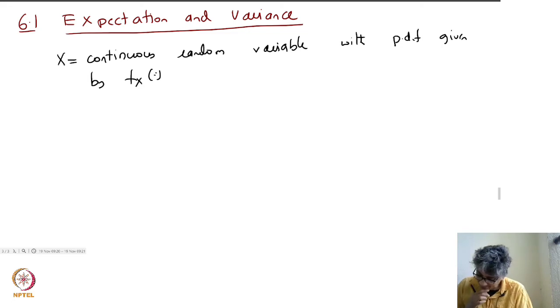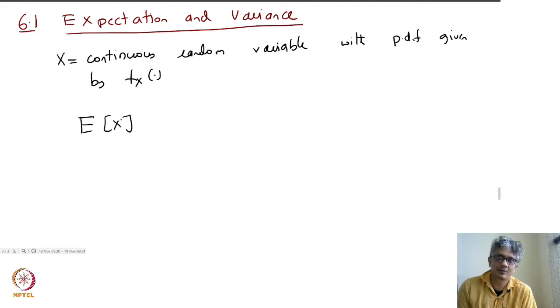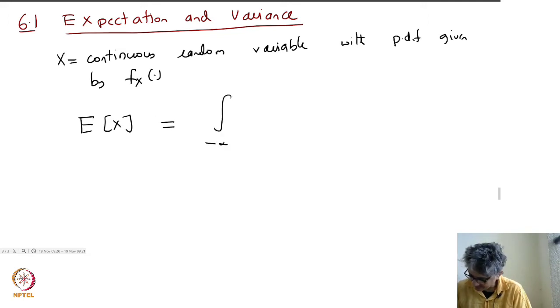Then its expected value of X. In the discrete case, we know we would just sum up x_i times the probability that X equals x_i. In the continuous case, we would integrate. So we would integrate from minus infinity to infinity x times f sub x.